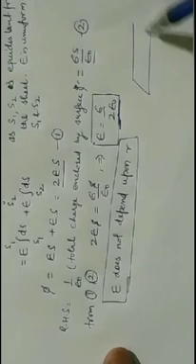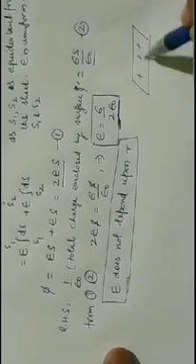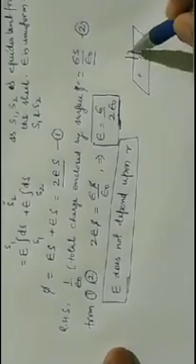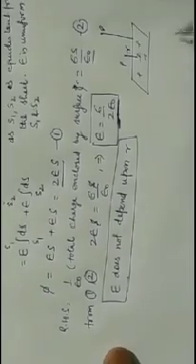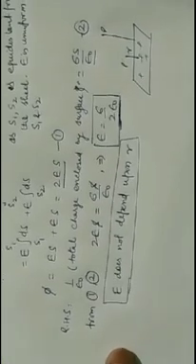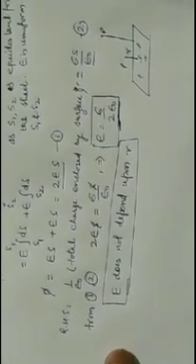That is, if this is an infinite plane sheet, and P is nearby at this point or P is very far away, in both cases the electric field will be the same, uniform. So it is independent of distance.